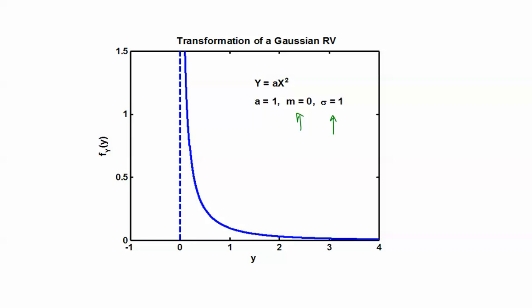Here I just assume sigma is 1, and I let a equal 1. All right. So what we see is that y is always positive, has no value less than 0. And then it does shoot off towards infinity as y approaches 0. Okay? But that's what that would look like.